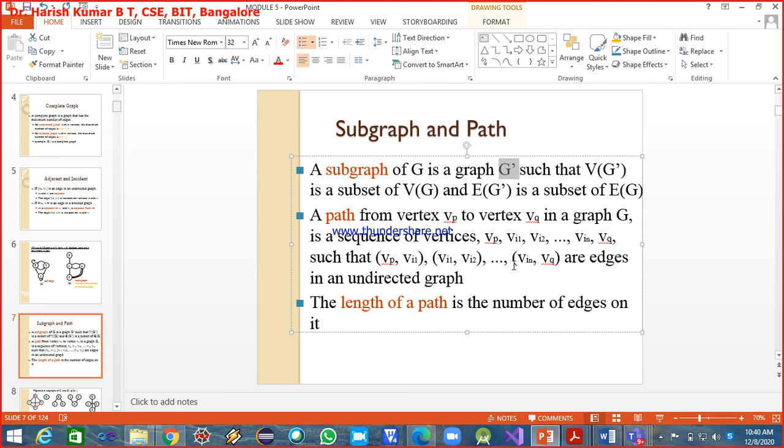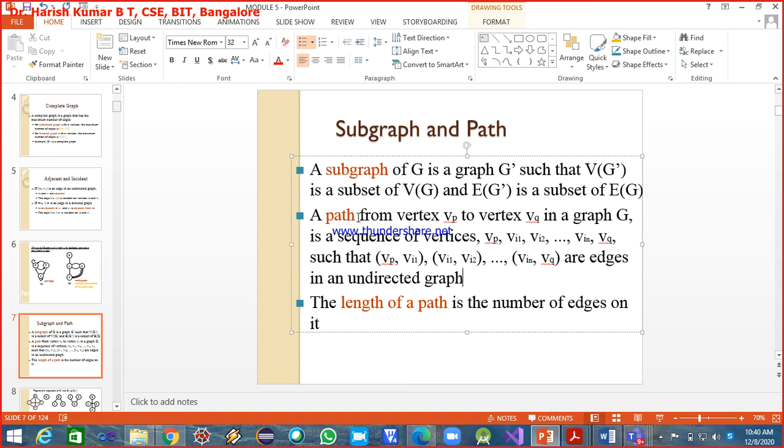These are edges in an undirected graph, because this is the notation we use in undirected graphs. So I hope you understood.